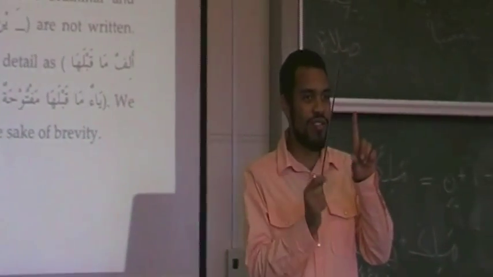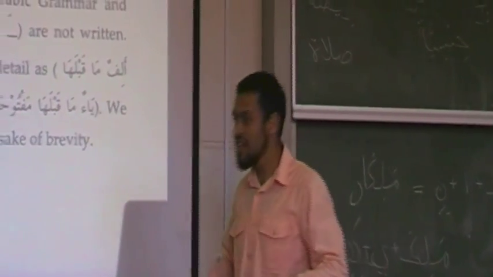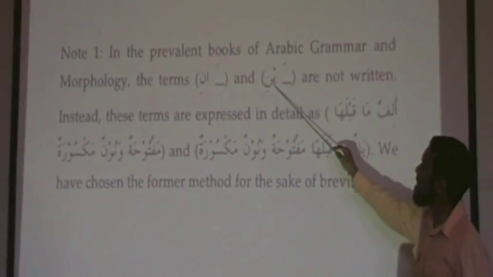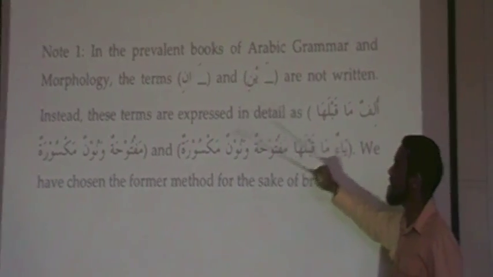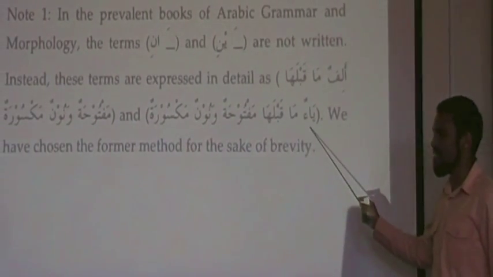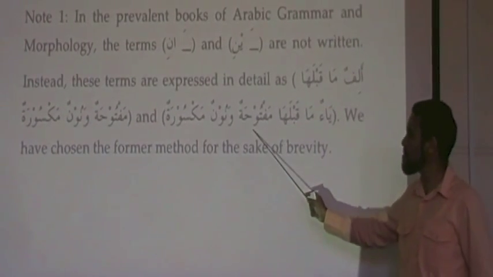They were saying you have the letter before it takes a fatha, then there's an alif, and then after the alif there's a noon with kasra. That's how the classical texts write it. And then aini, they will say there's a ya, before the ya there's a fatha, and then after the ya there's a nun with kasra. Let's read it. Ya'un ma qablaha maftuhatun.